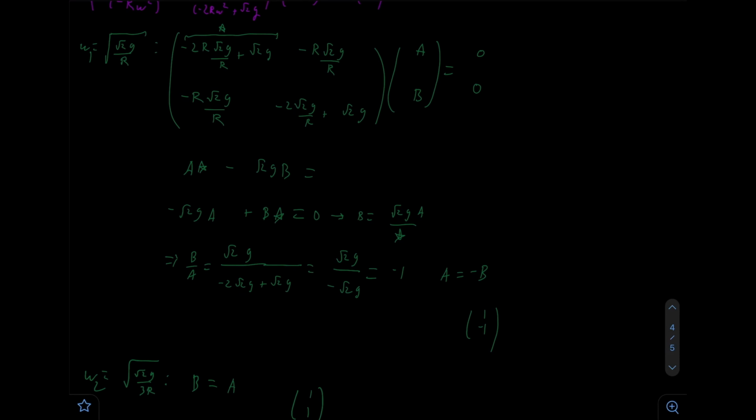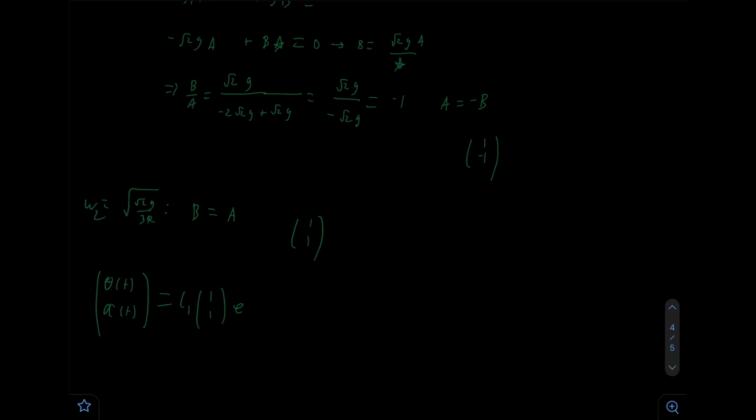This will be omega 2. So I don't have to keep rewriting that. So it's c1 times 1, 1 e to the I omega 1 t plus c2 1, 1 e to the negative I omega 1 t plus c3 1, negative 1 e to the I omega 2 t plus c4 1, negative 1 e to the negative I omega 2 t.